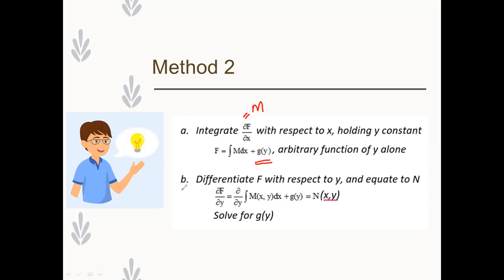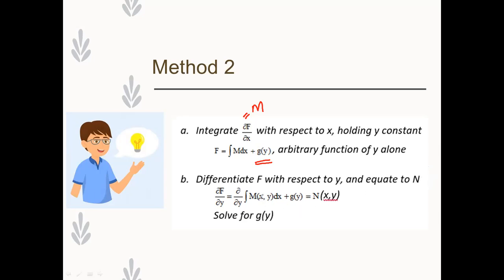You proceed to the next step. This answer that you got here in step 1, you differentiate with respect to y. Whatever is the expression that you have here, you differentiate it with respect to y. Your answer, the derivative of that, should be equated to N, the coefficient of the differential of y in the given differential equation.